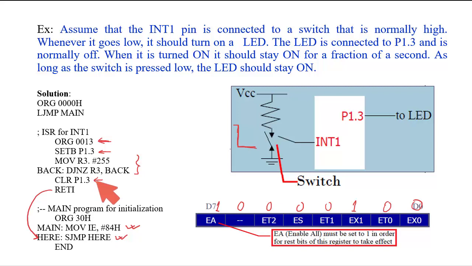Again, as the low signal is continuing, the signal at this point does not return to logic 1. So again the microcontroller will sense the interrupt and execute the interrupt service routine. The execution of this interrupt service routine will be a continuous process as long as this switch is connected, meaning as long as INT1 is getting a low signal.